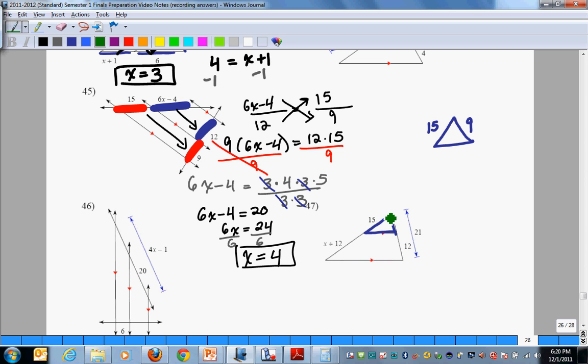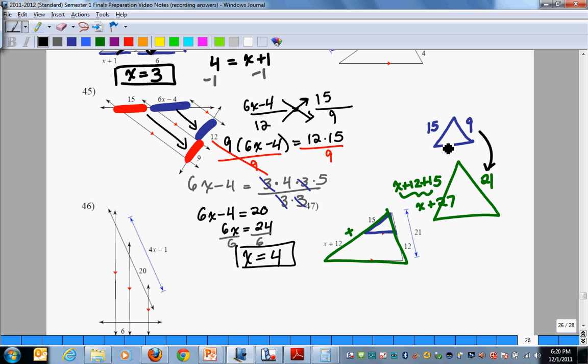And then we have this larger triangle. This whole side is 21. This side is going to be x plus 12 plus 15, which gives us, of course, x plus 27.